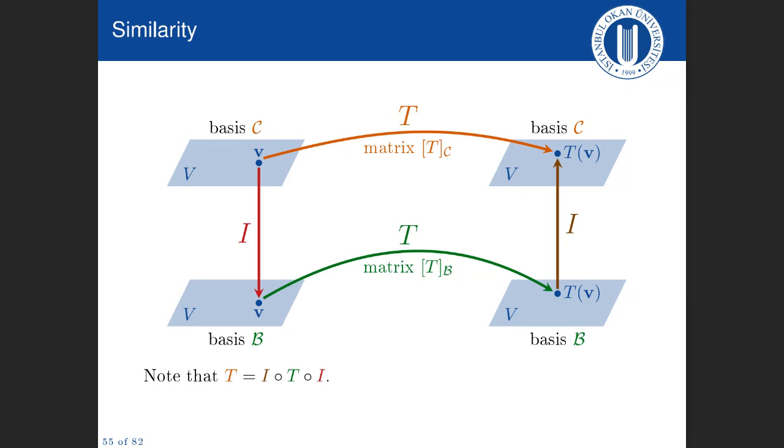Now note that orange arrow is the same as doing red, then green, then brown. Brown I composed with green T composed with red I is the same as doing orange T. So their matrices must be the same.